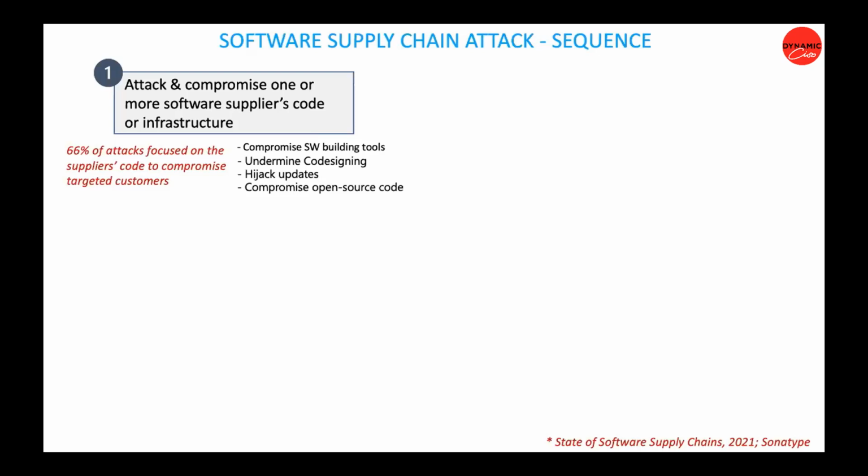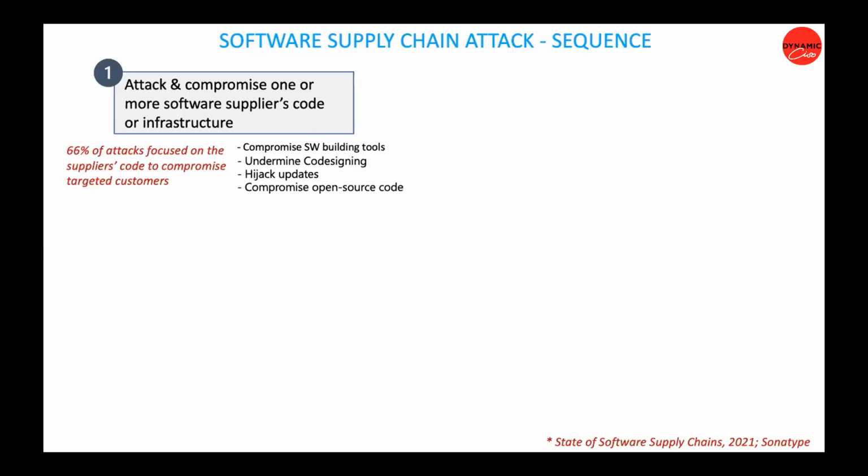So they compromise build tools and undermine code signing, because today the only way a customer gets assurance about software is when he sees that the software has been signed by the supplier. But now these guys steal the certificates of the suppliers and sign malware itself, a Trojan application. So it completely undermines code signing.